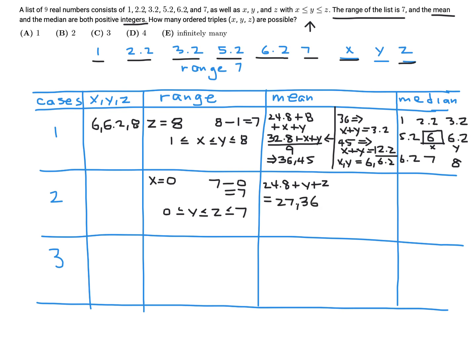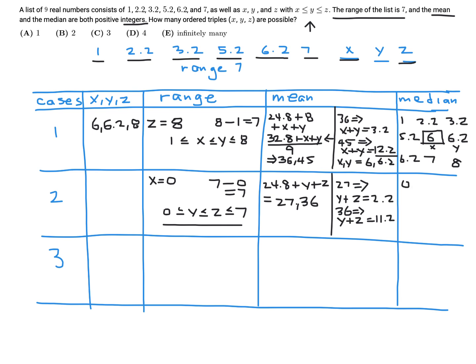Because it can't be 45, that's too high, because our numbers don't go up that high because of this inequality. So if it is 27, that means that y plus z is equal to 2.2. Correct? And if it's 36, then that means that y plus z is 11.2.